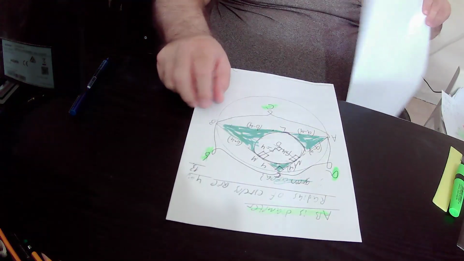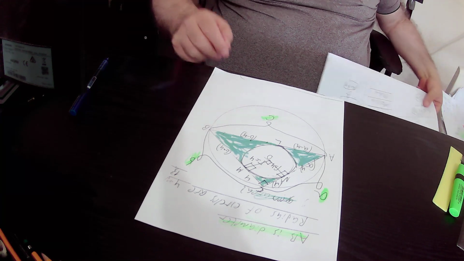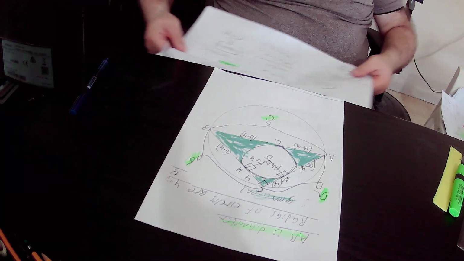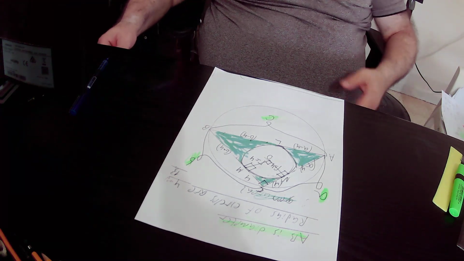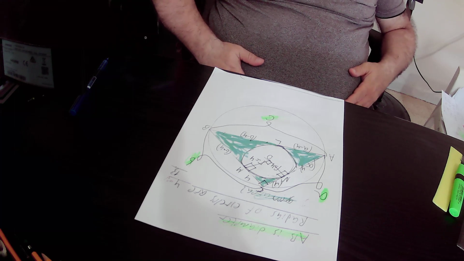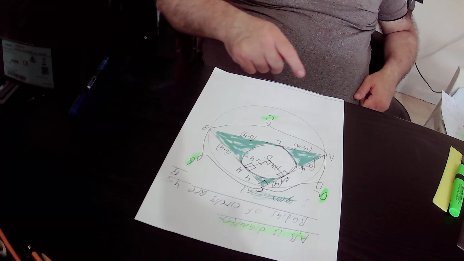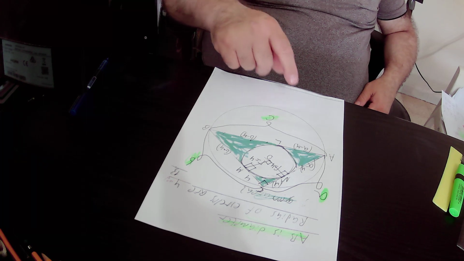We start with the first question. In the first question, we have a circle that circumscribes triangle ABC, and triangle ABC itself circumscribes the small circle.